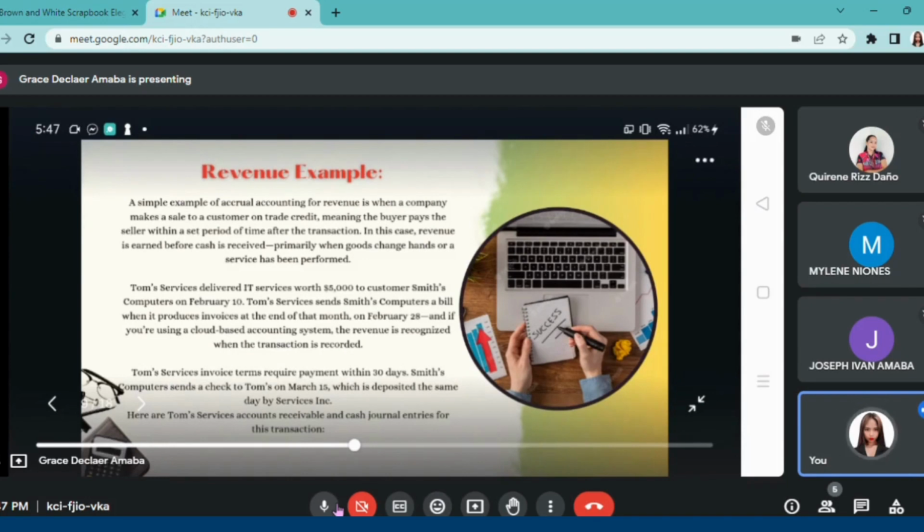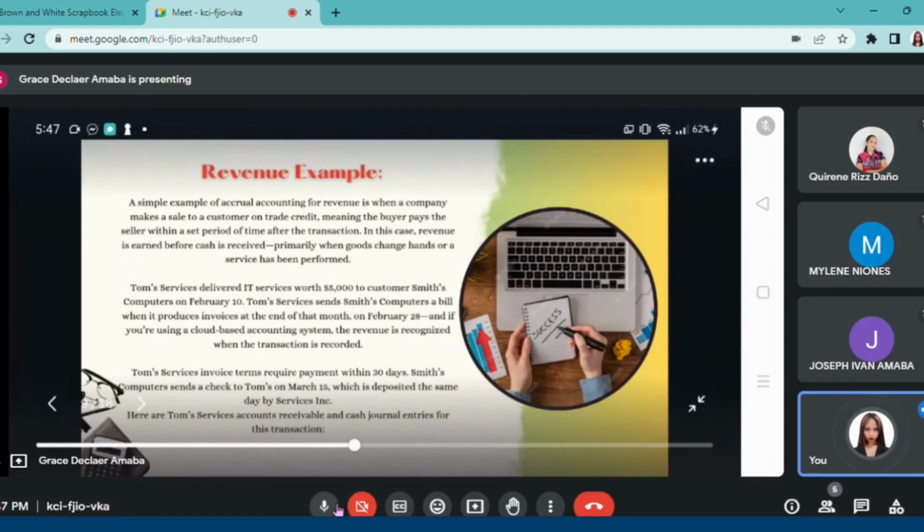Another example: Tom's Services delivered IT services worth $5,000 to customer Smith Computers on February 10. Tom's Services sends Smith Computers a bill when it produces invoices at the end of the month on February 28, and if you're using a cloud-based accounting system, the revenue is recognized when a transaction is recorded.